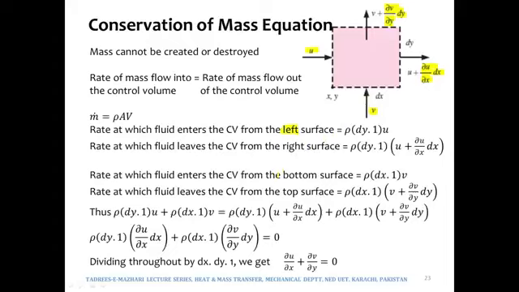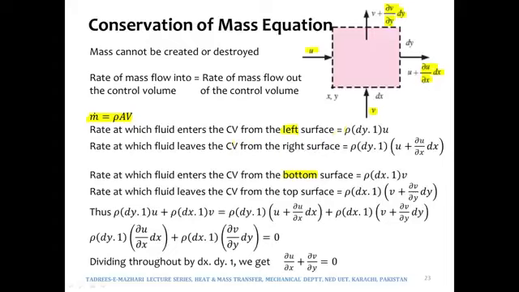So these two are the flows which are coming into the control volume, and the right and the top are the two faces from which the fluid is leaving the control volume. That may very simply be written as density times area times velocity, because mass flow rate as per the continuity equation may be written as density area velocity.